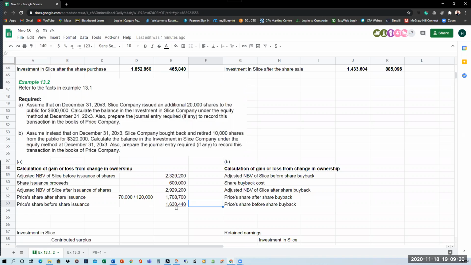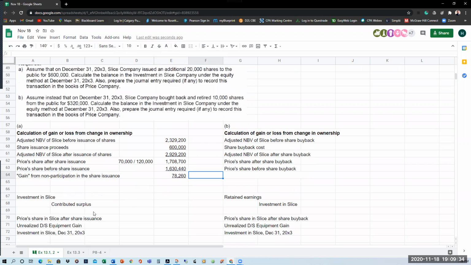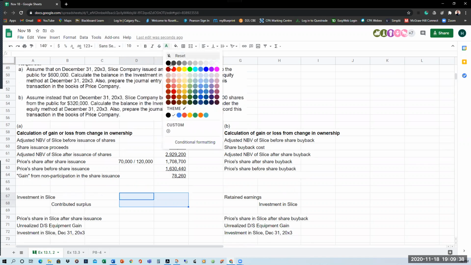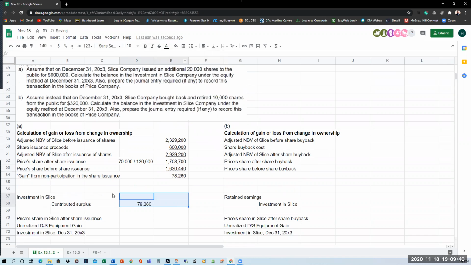It's a gain, right? So the amount of the so-called gain from non-participation is 78,260. Now I put the gain in quotation marks because it's not going to be recorded as a gain, but rather as a credit to contributed surplus. So the investment account will be written up and you'll credit contributed surplus.